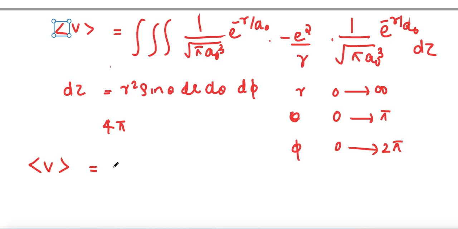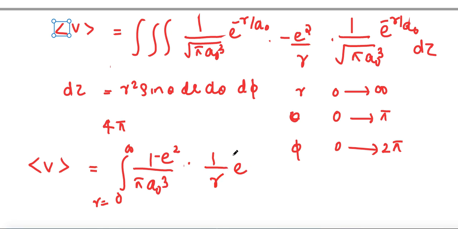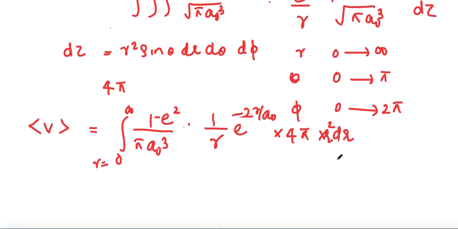The expectation value of potential energy is the integral from 0 to infinity of 1 by pi a0 cube into minus e square into 1 by r e raised to minus 2r by a0 into 4 pi into r square dr.